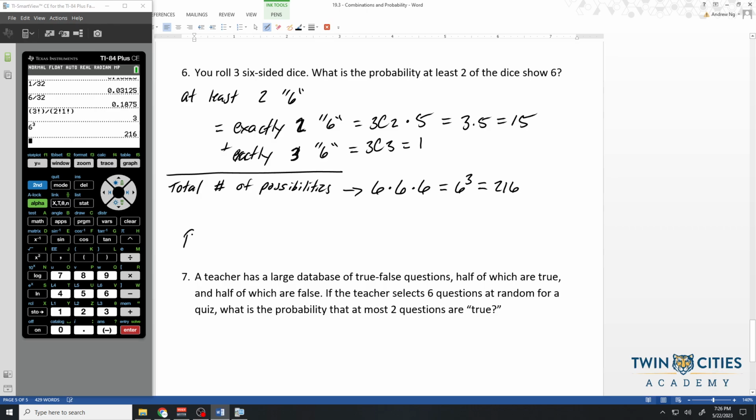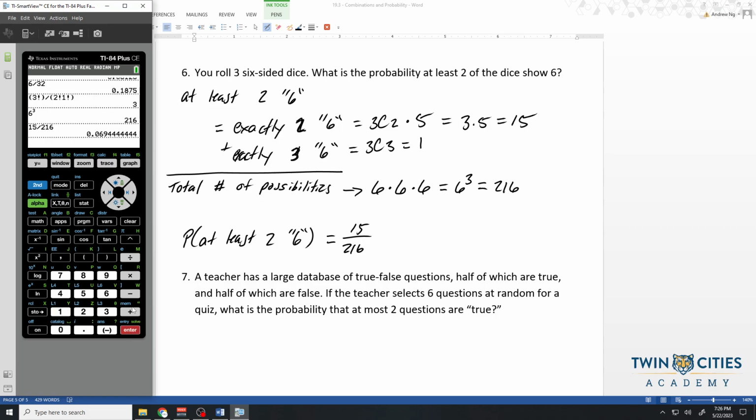So then the probability of at least 2 sixes, this is 15 over 216. Which is 0.0694 repeating. I should say about that.